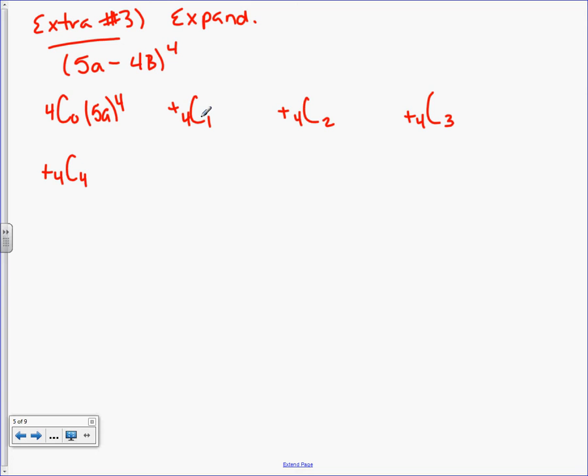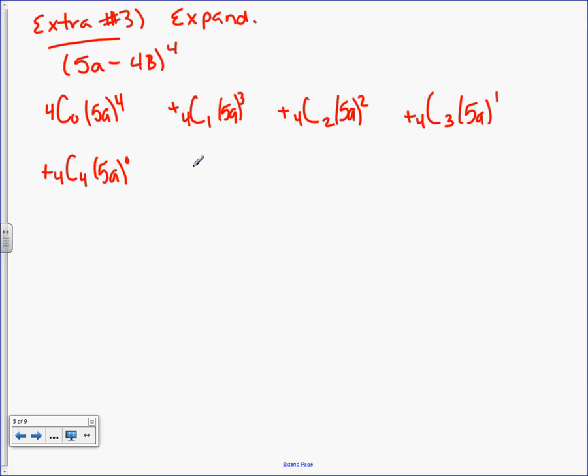Do you see that on your formula sheet? So this is going to be 5a to the 3, 5a to the 2, 5a to the 1, 5a to the 0. Do you see why I'm able to do it so quickly? I figured out the pattern and I just follow it, right? I don't actually look at the formula a million times. I look at it just the once and I'm like, oh yeah, those are going down.